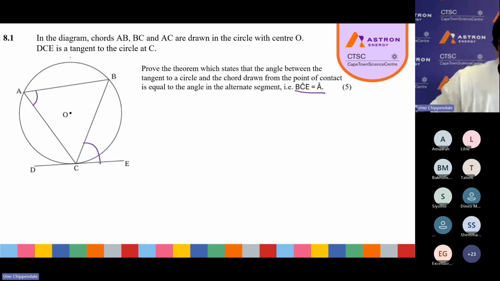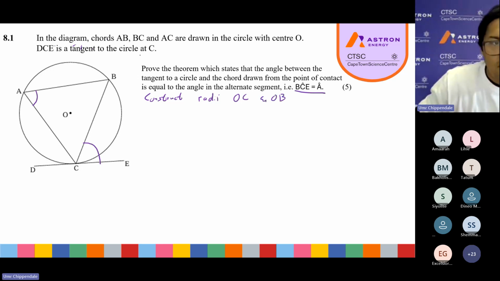The first thing that I would normally say is to construct your radii. From O to C, and then also from O to B. And we can do that because they told us that O is the center of the circle.